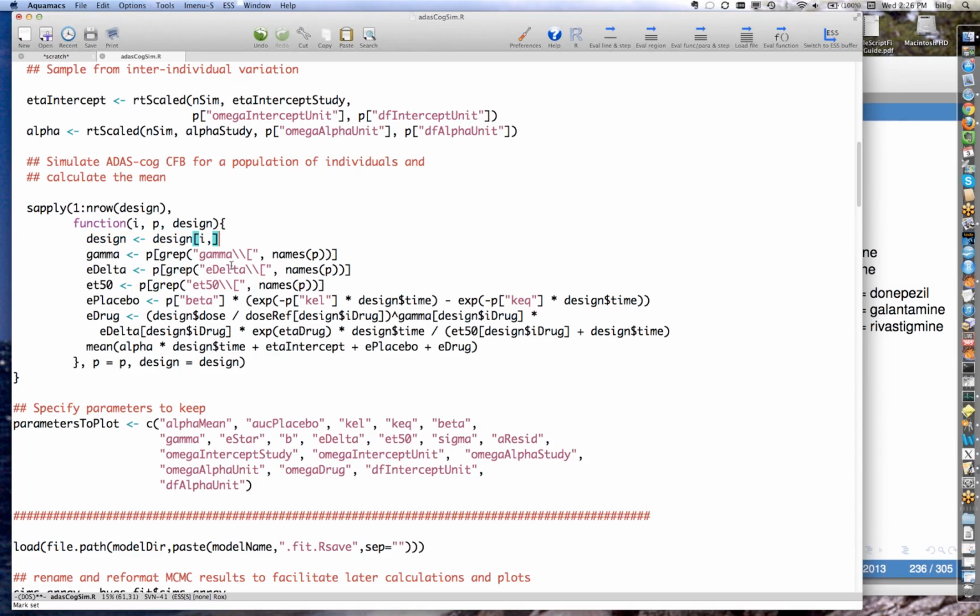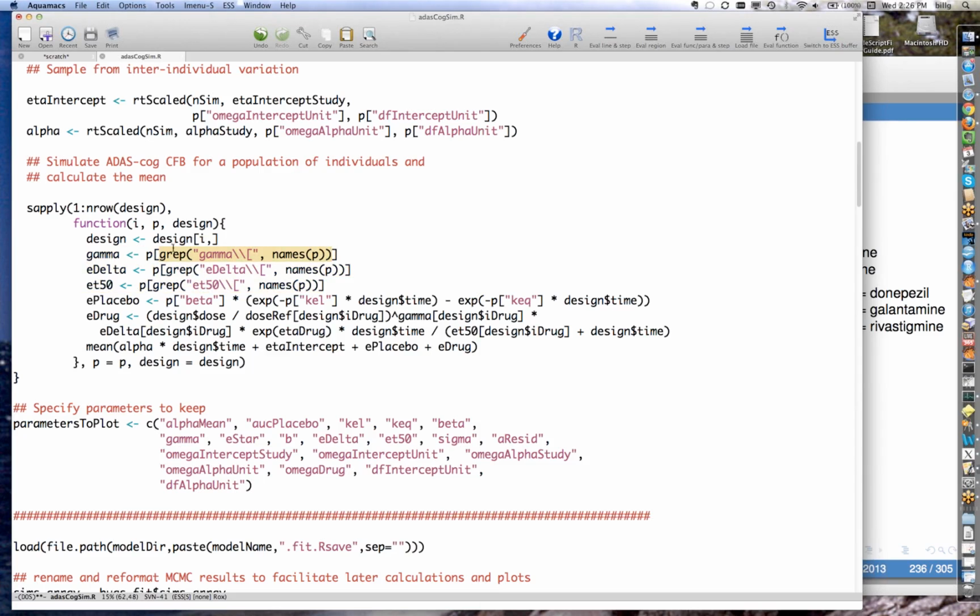Let's see, the next three here, gamma, E delta, and ET50 are all drug specific. So inside our parameter matrix, there are actually 3 values of each one of those, and that's why I use this little grep thing here.